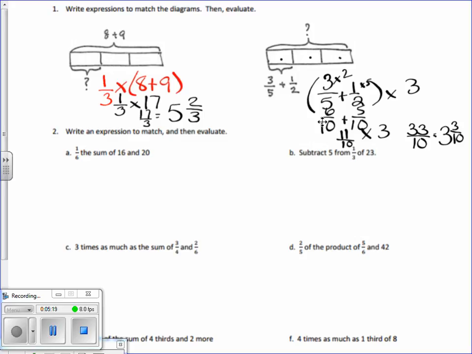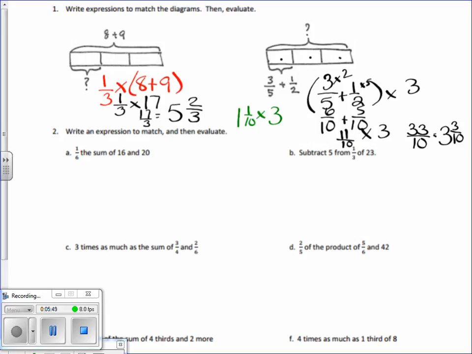Or some people went ahead and fixed this and made it a mixed fraction here. I'm going to write it in a different color. And made it 1 1/10 times 3, which I haven't really taught you how to multiply fractions this way. It's really not hard. It's the same thing as repeated addition.